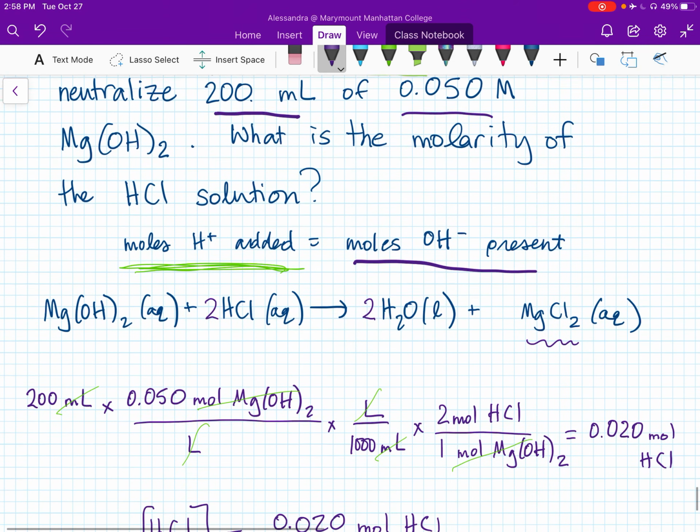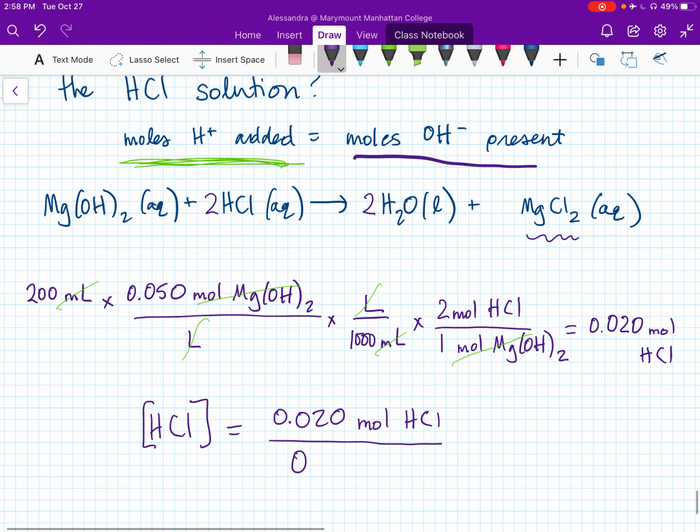And 80 divided by 1,000 is 0.080 liters. You always want to have moles per liter. So that is going to give me a concentration of 0.250 molar. This will be the molar concentration of hydrochloric acid in my solution here.